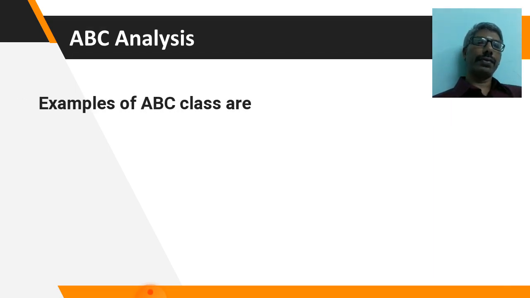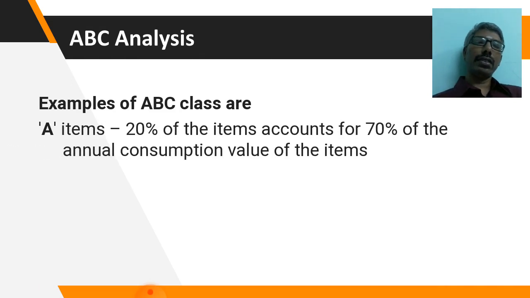The examples of the ABC classes are: category A items generally have 20% of items accounting for 70% of the annual consumption value. That means 20% of the quantity has 70% of the annual consumption value.